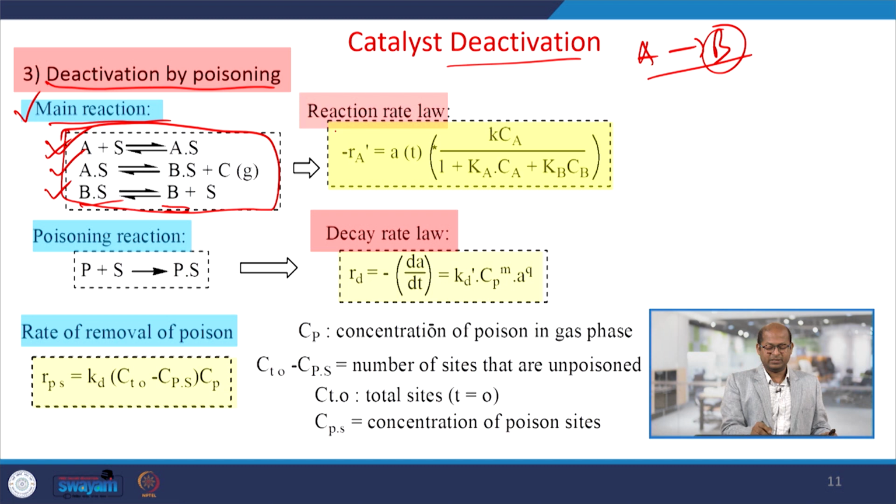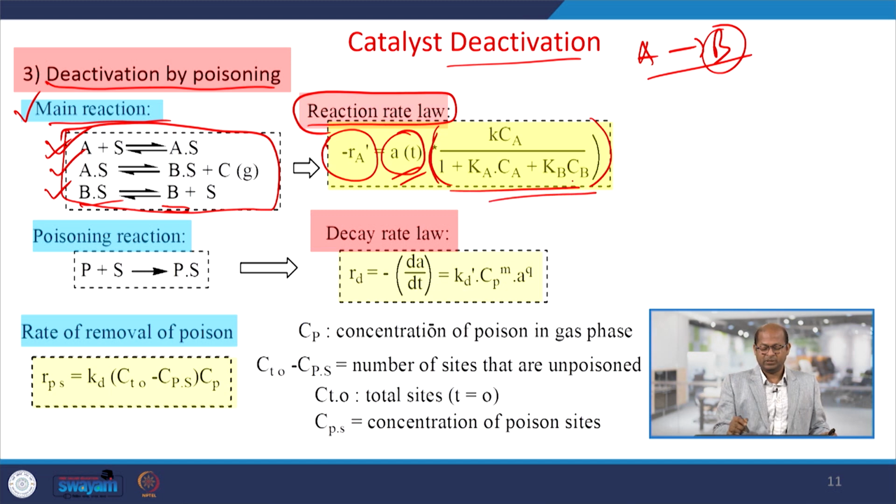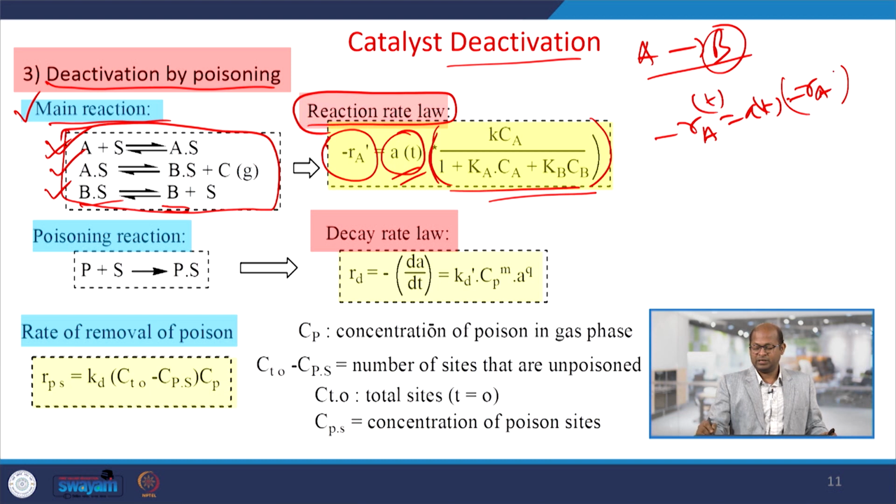Therefore, for the main reactions, this is the rate law. We can write the rate of reaction as activity times the rate of reaction: minus r_A equals a(t) times minus r_A. Okay. So, this is the rate equation, this is at time t and this is at t equals 0. We discussed that in the previous slides.